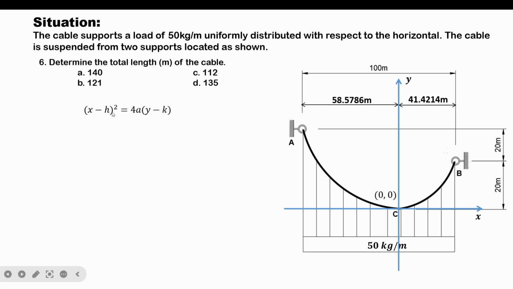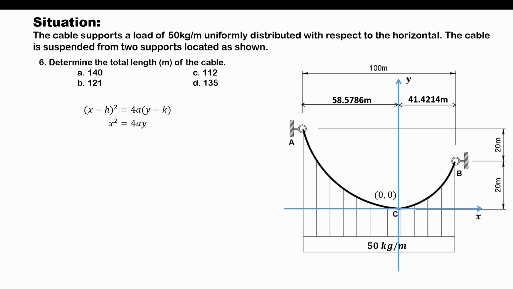The h and k here are just the x and y coordinates of the vertex respectively. And since we've located the origin at the vertex, the values of h and k would be 0. Hence, this equation would now be reduced to x squared is equal to 4ay. The terms h and k are omitted since the coordinate of the vertex of the cable is (0, 0).